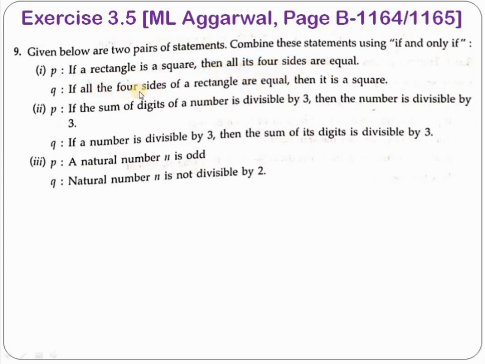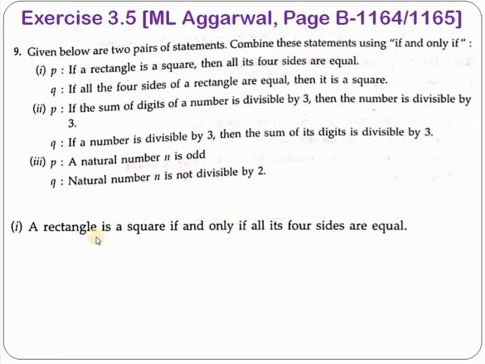Another is, if all 4 sides of a rectangle are equal, then it is a square. So basically both are converses of each other, right? So if I have to combine these two using if and only if, I can say a rectangle is a square if and only if all its 4 sides are equal. All right, so that's what will be my answer for this particular question.